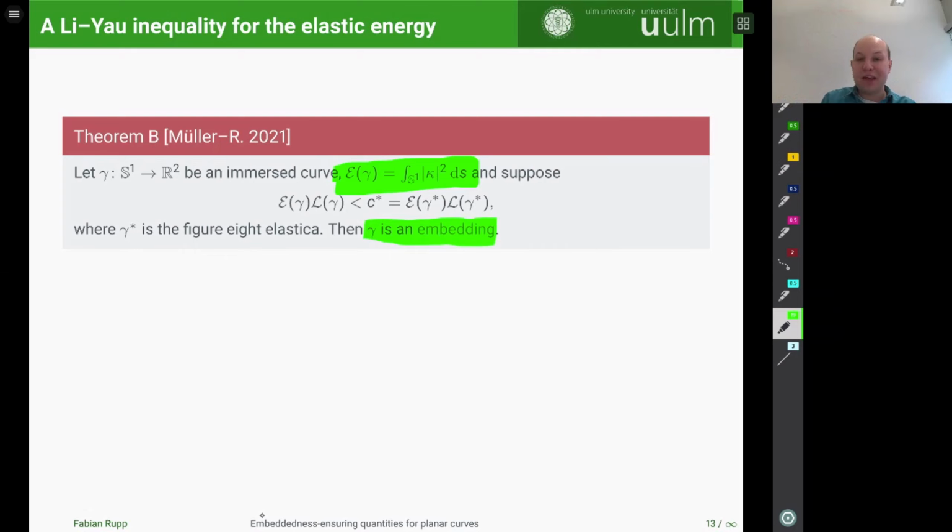It's the energy level, with respect to the energy E times L, of the figure 8 elastica gamma star, which we saw in the discussion of elastica in the first video. So here we have this positive answer: a curvature quantity whose smallness can be used to ensure that the curve is embedded.